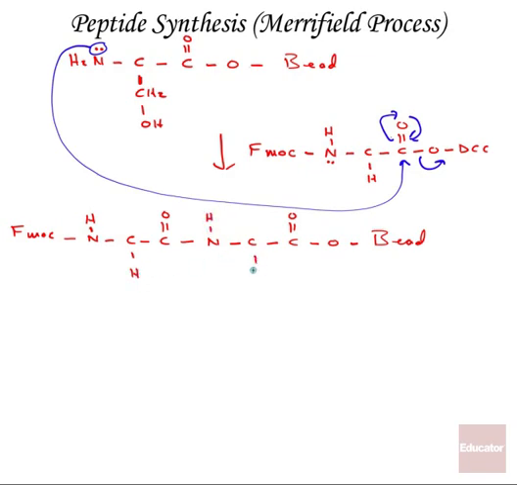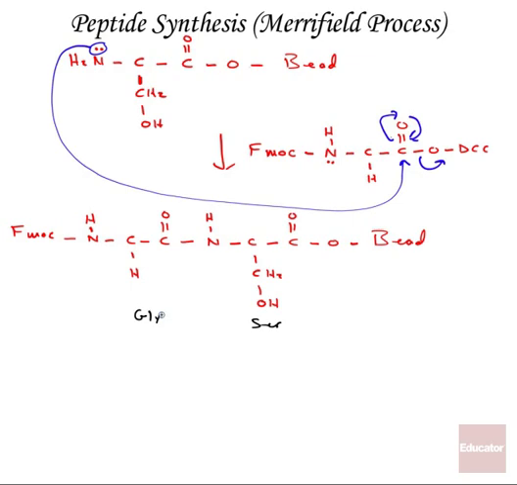This is there. This is our serine, CH2OH. This is what I've made. Now I have my serine, and I have my glycine to the left of it. That's what I've done.